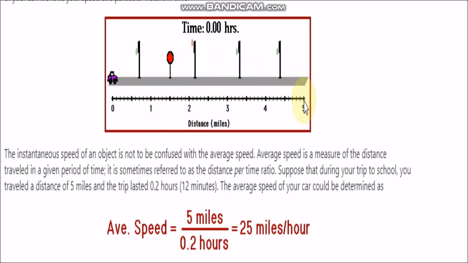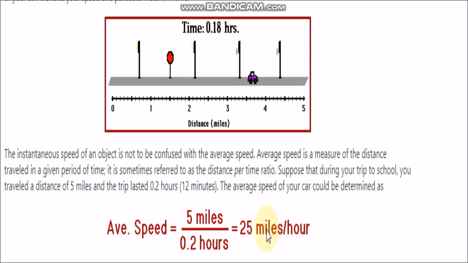It arrives here at 5 miles. Over how much time? Look, the time here is counting. When it arrives here, 0.2 hours. Then average speed is equal to distance traveled over time, which is 5 miles over 0.2 hours, equal to 25 miles per hour.